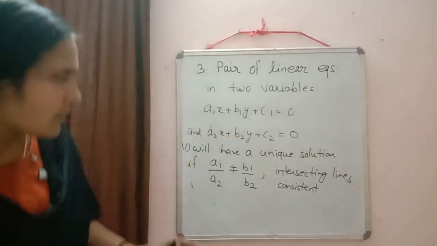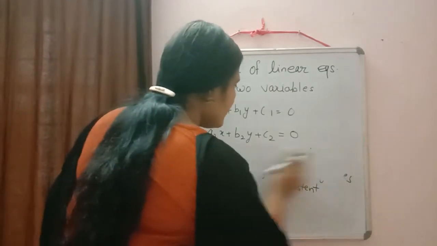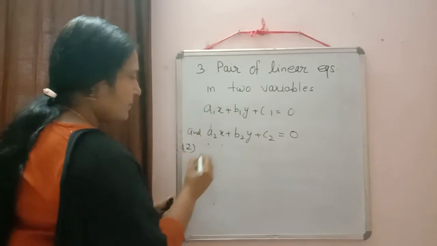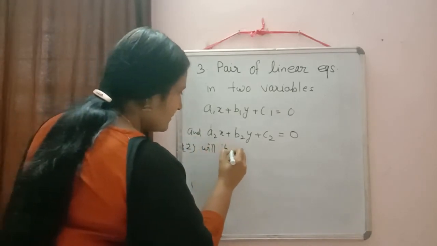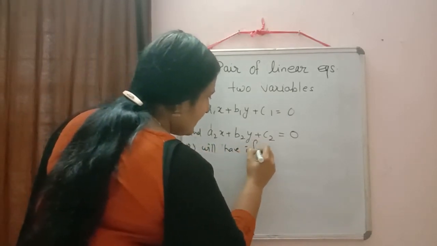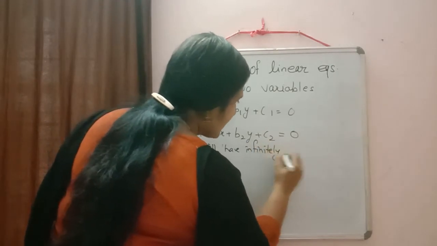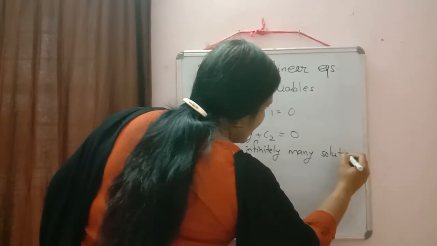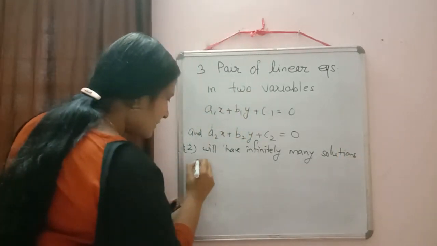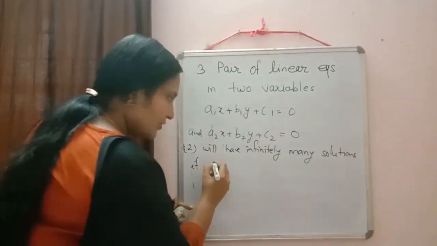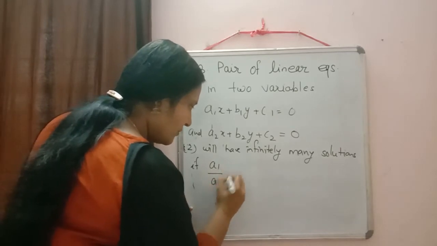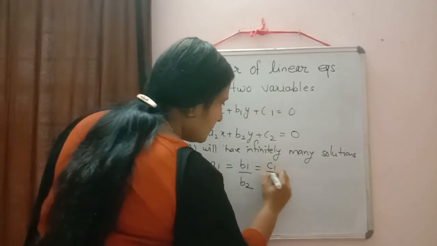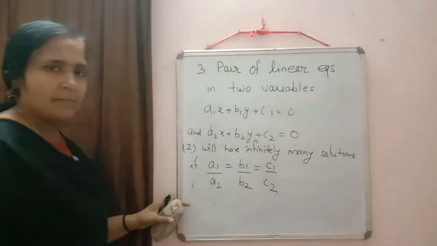Written? Okay. Now write down the second point here only. We will have infinitely many solutions if all the ratios are the same: a1 by a2 equal to b1 by b2 equal to c1 by c2.